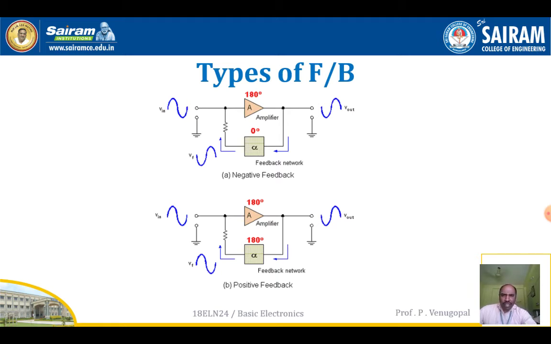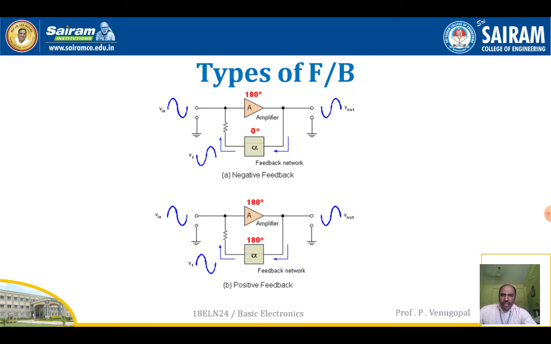Moving on to the next circuit, what you're observing is that when the input is applied to the amplifier, the output of the amplifier is inverted, meaning a 180 degree phase shift with respect to the input signal. Suppose that 180 degree phase shifted signal is fed back to the input through a 180 degree phase shifter.